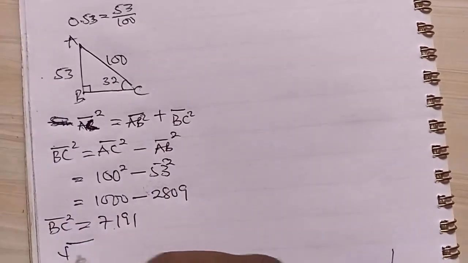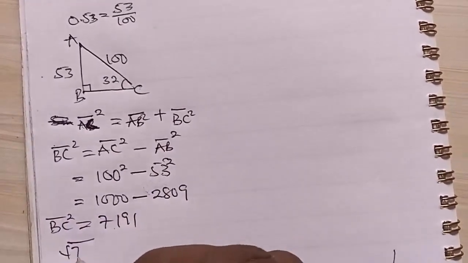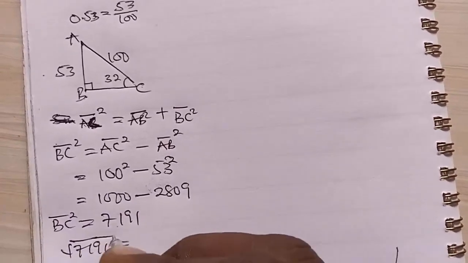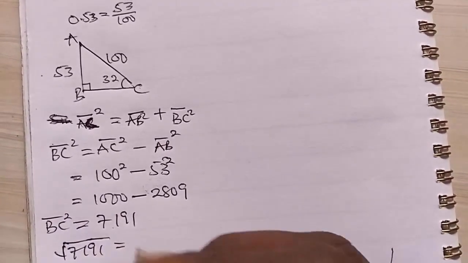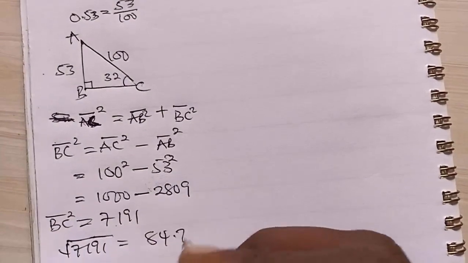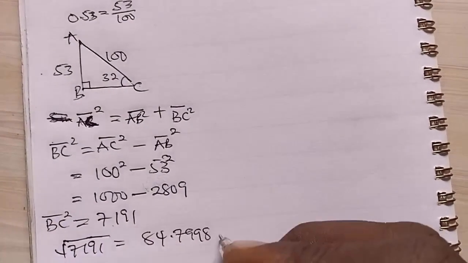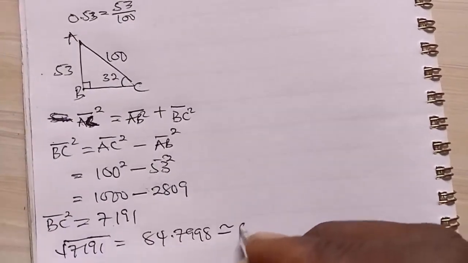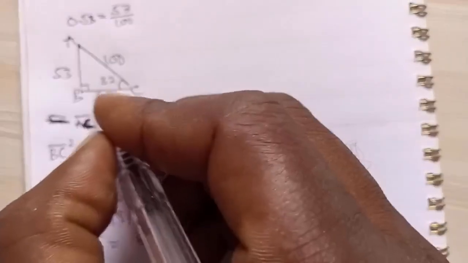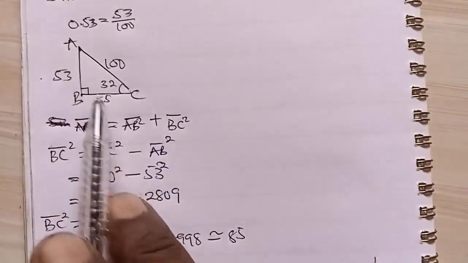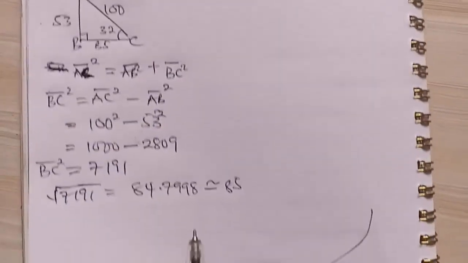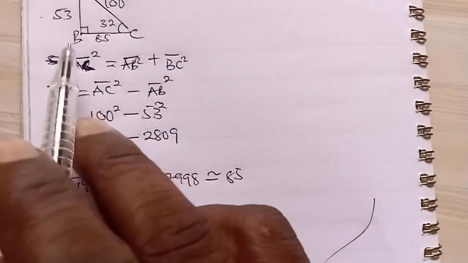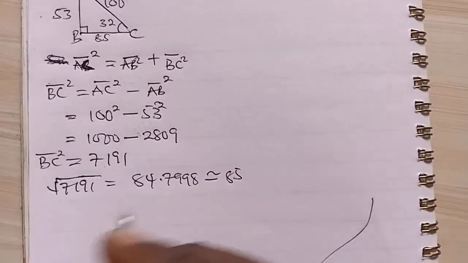If we find the square root of that, we get 84.7998. If we approximate that, we get 85. So what it means is that here is 85. Sorry, 85 is a length, it's not an angle.